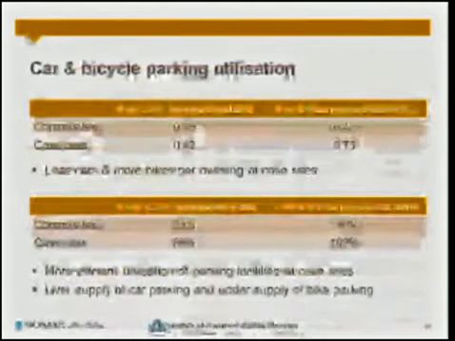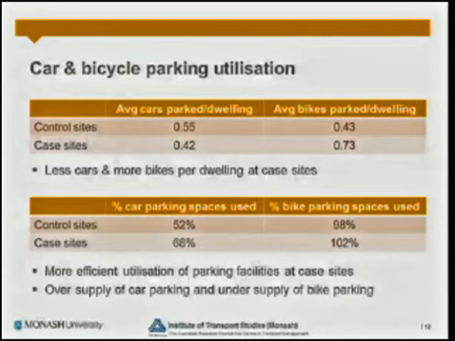And even though the planning regulations might specify what's the amount of car parking and what's the amount of bike parking, they don't actually say where the bike parking has to be placed. So in some of the control sites, the bike parking was on the site, but you went down to the car park and down a dark alley and around behind the boiler room, and there was a shed round there where they stuck the bikes. So it didn't necessarily mean that the bike parking was as accessible as the car parking.